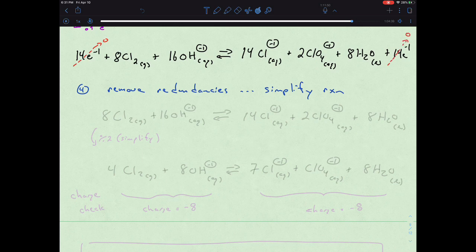Because of the cross multiplication step we did in step 3. And so that's pretty much the only redundancies that we see. So we would end up with this now as our redox reaction.